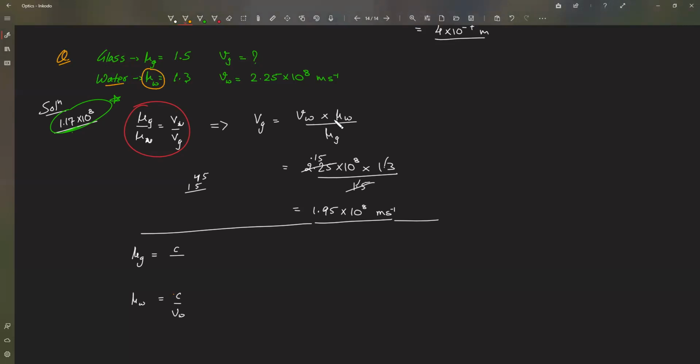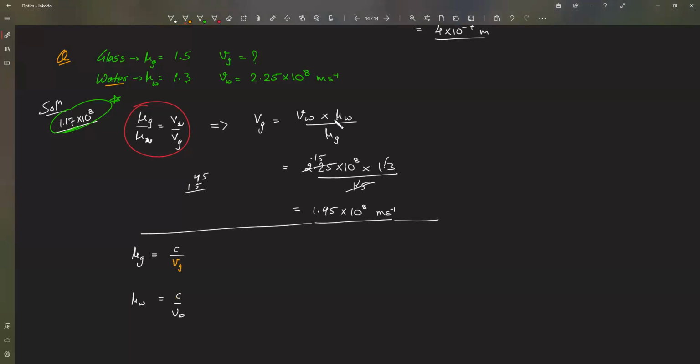Suppose I write x here, what difference will it make? You have calculated the value of x? So what did you get? You must have got the same thing, 3 into 10 to the power 8. Correct. So that is nothing but c. Anyways, this is velocity of light, and I take the ratio.